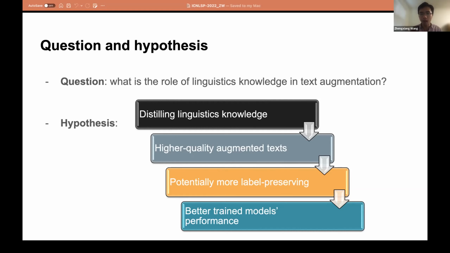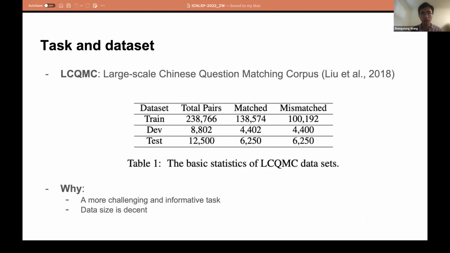To evaluate that, unlike previous studies that commonly evaluate data augmentation on simple tasks such as sentence classification or sentiment analysis, where a few keywords can often determine the label of the sentence, I decided to go with a text pair classification task, more specifically a text matching task.